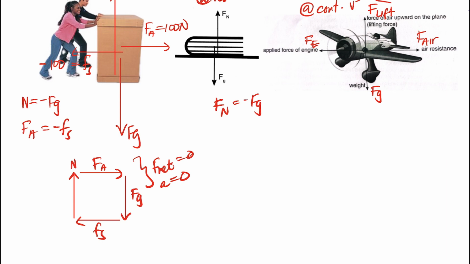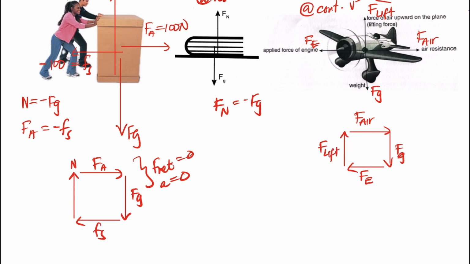So let's draw a diagram for these forces. Let's draw the force of air resistance and the gravitational force going downwards, Fg, and then we have the force of the engine, and then the force of lift, a force that lifts the aeroplane.